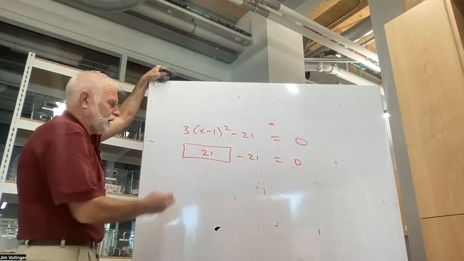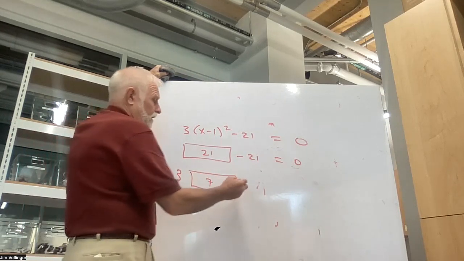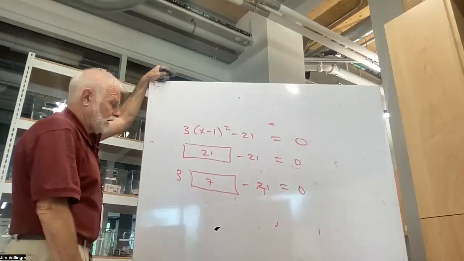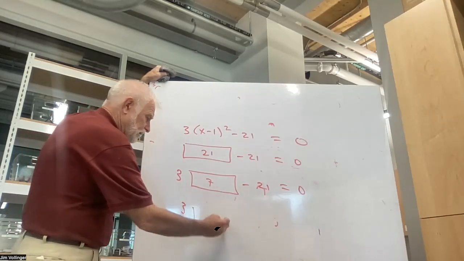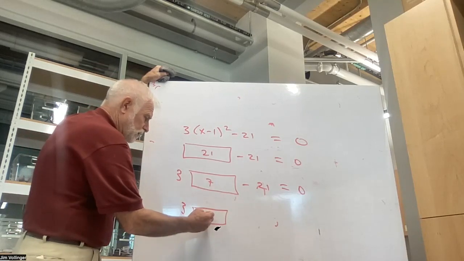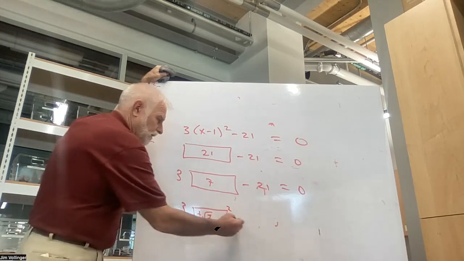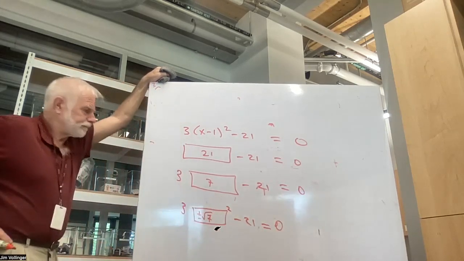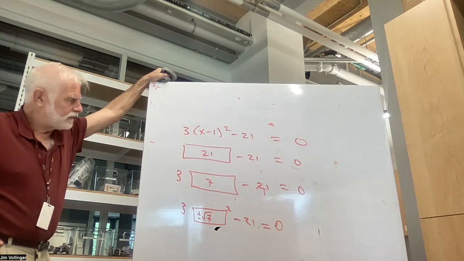Sure looks like to me that I got to get 3 times 7 minus 21 equals 0. And that sure looks like to me that I need 3 times the square root of 7 plus minus squared minus 21 equals 0. You might want to replay that. Pretty important, actually.